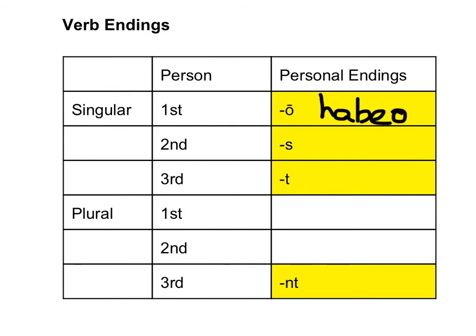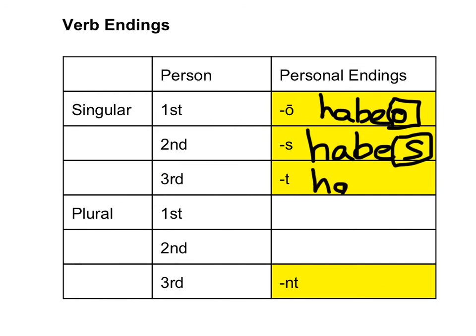I have a lion. And that's different than tu leonum habes. We have to switch that O to an S for you have a lion. And that, of course, is different than amicus leonum habet. The friend has a lion.